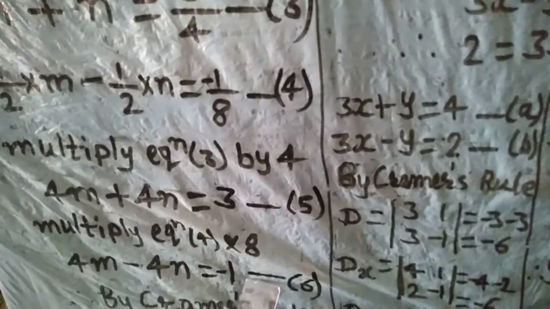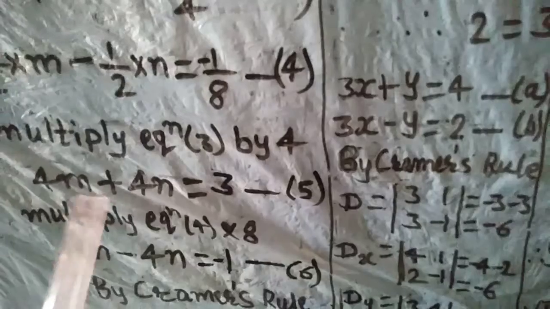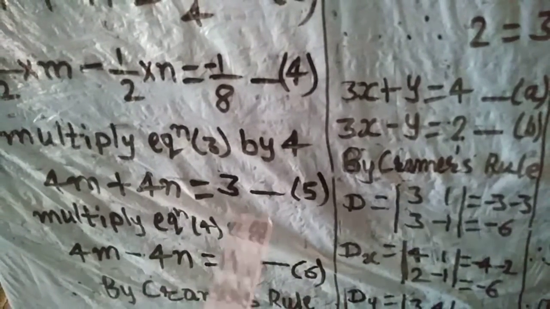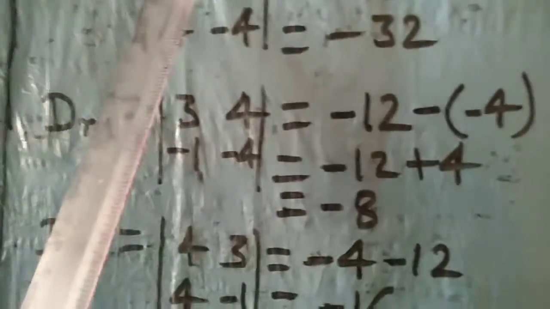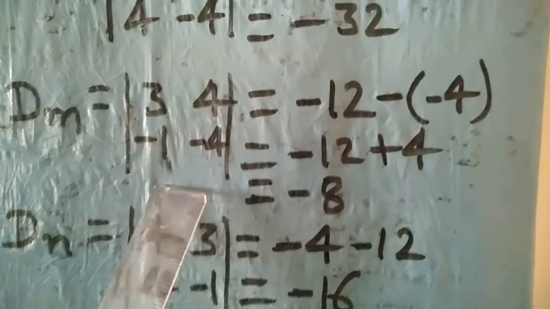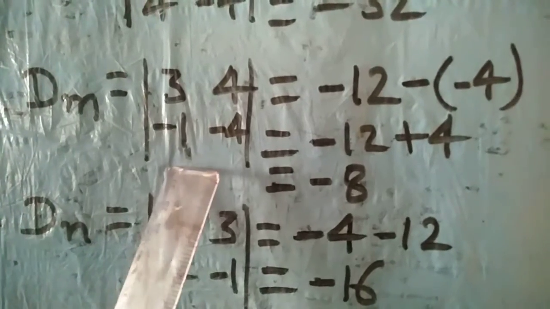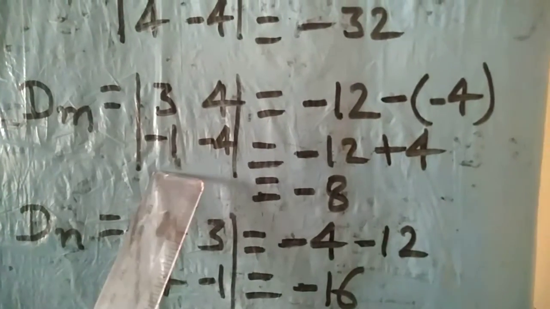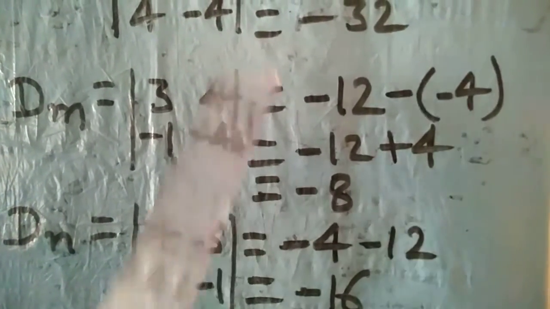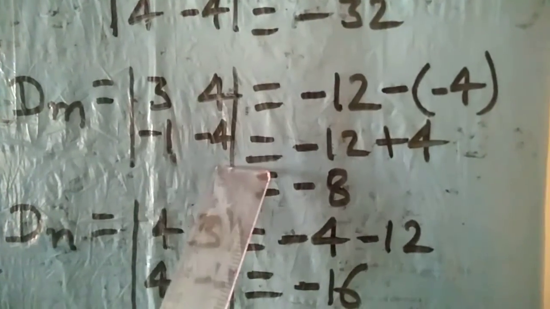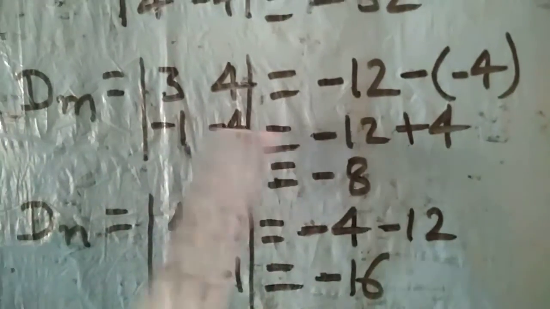You have to eliminate column m, and instead of that you have to put 3 and minus 1 there. So instead of 4, 4 we get 3, minus 1, eliminating the column of m term, and keep your column of n term as it is, that is 4, minus 4, as it is.